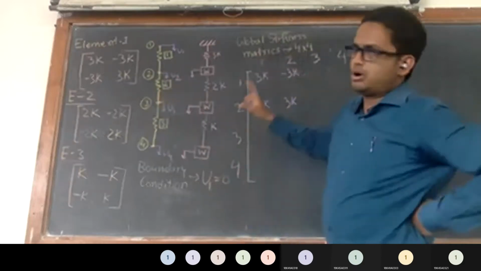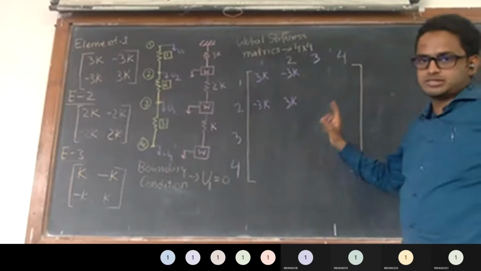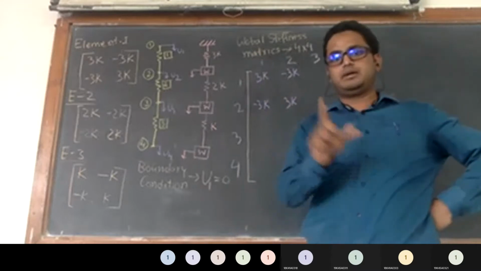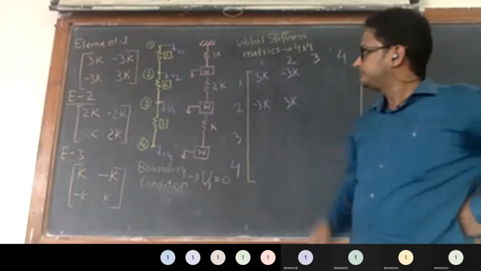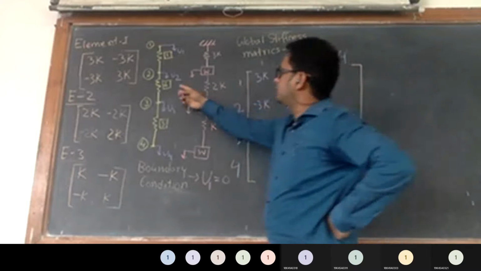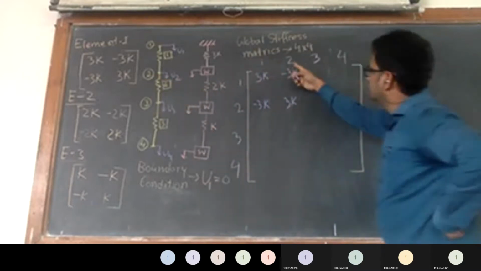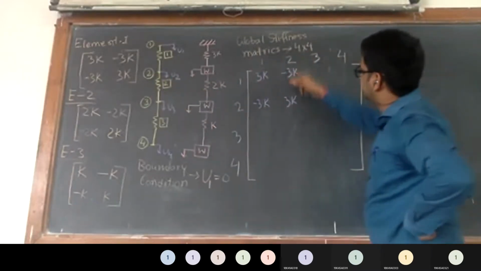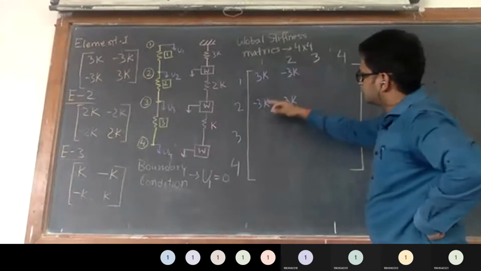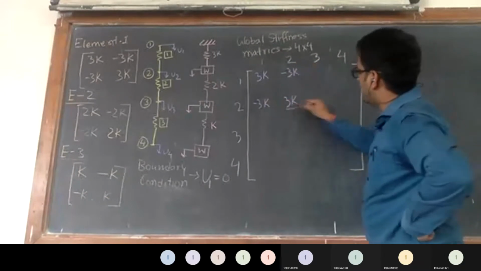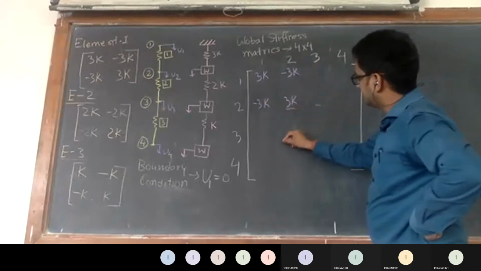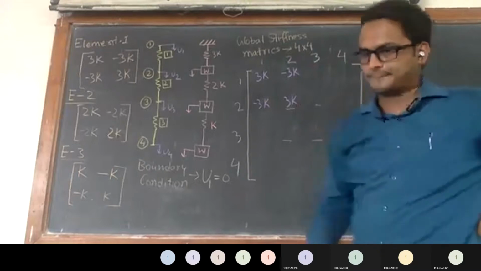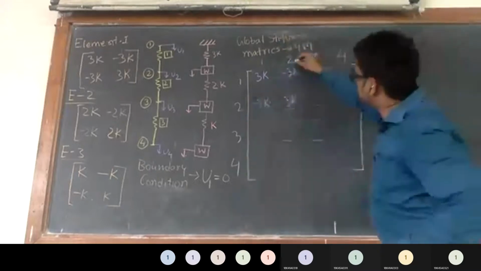Coming to your element number 2, it is connected between 2 and 3. You all must know how to write this global stiffness matrix. This is very, very important. So you have to see where this 3 and 2 is coming. These are those 4 spots.